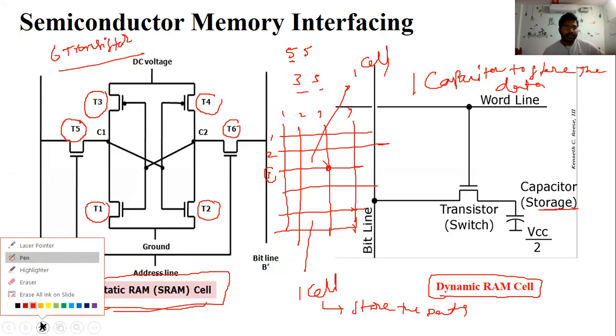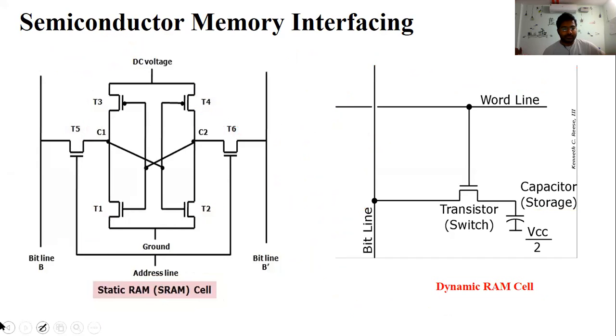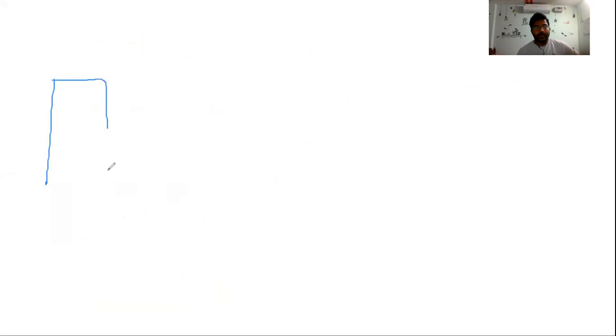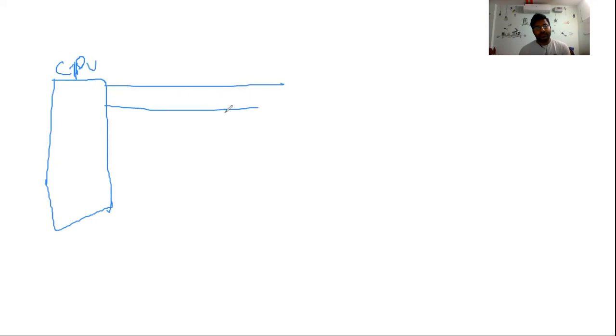So like in this diagram, this is the CPU. The CPU has some address lines.